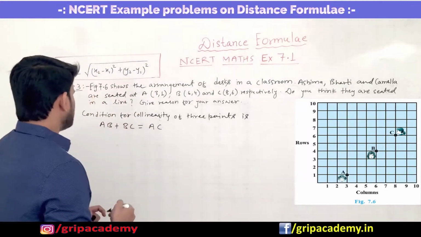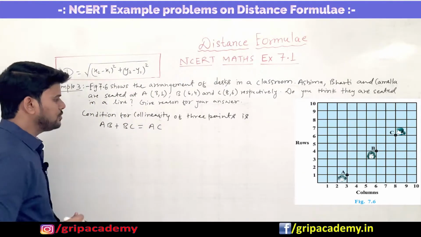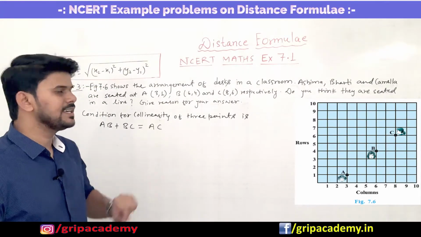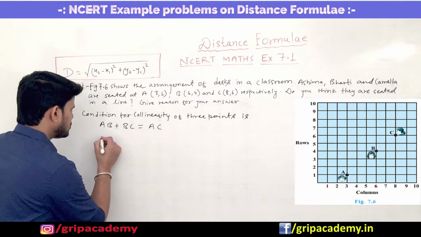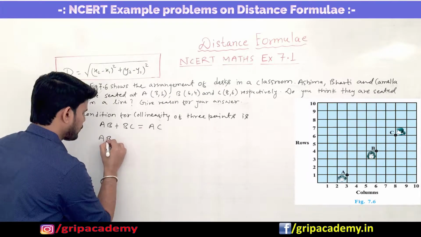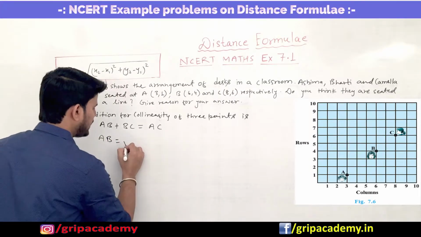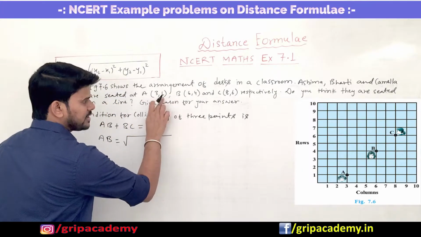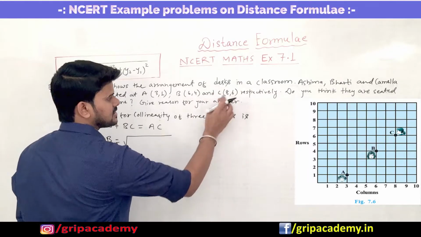So what we have to do? We have to use the distance formula and find AB, BC and AC first. So let's find AB. Let this be (x1, y1), this (x2, y2) and this (x3, y3).